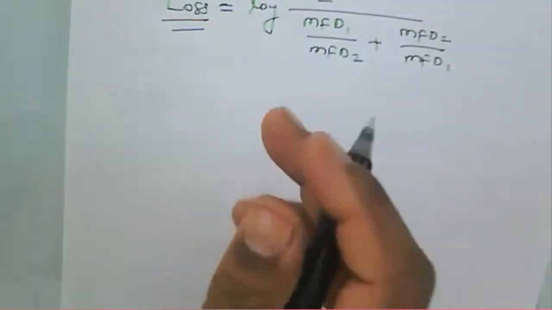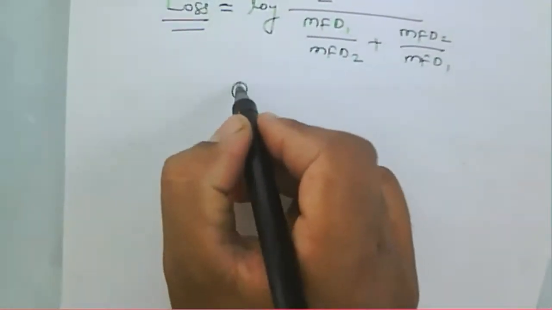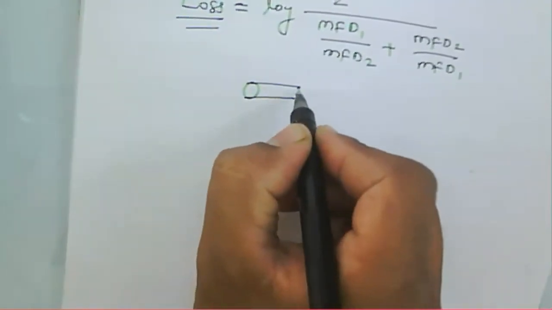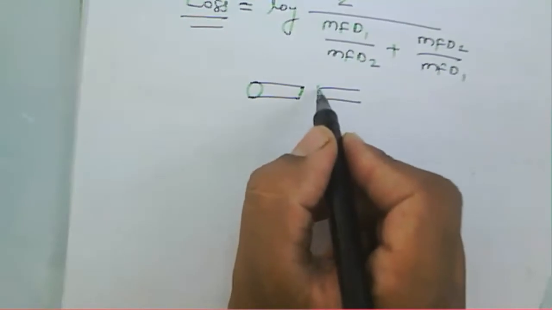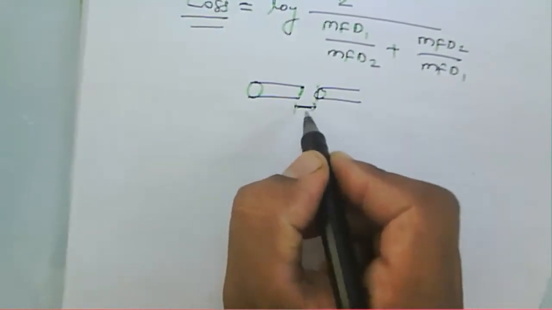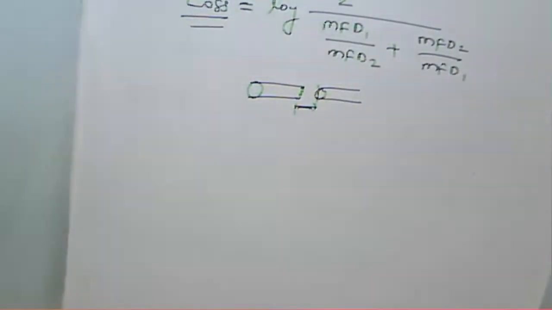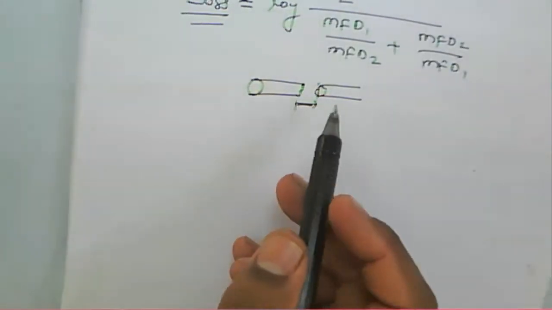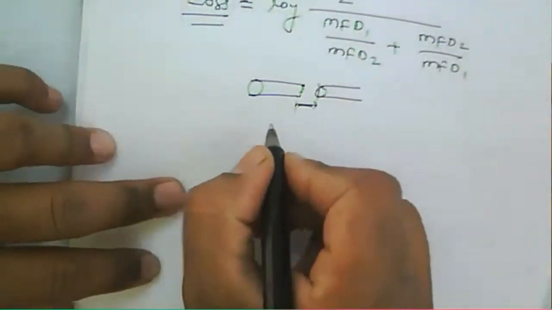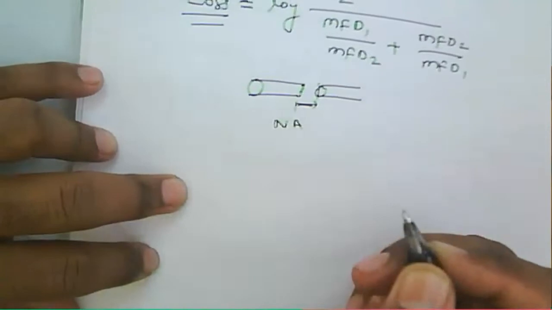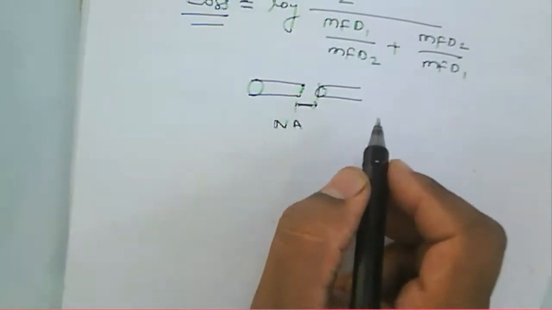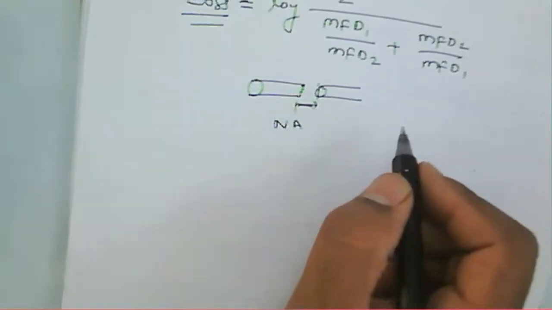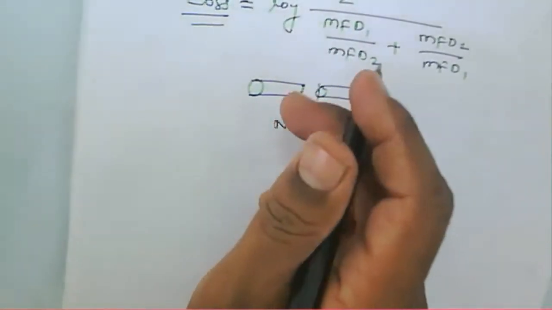Means coupling loss, when we couple the two fibers here, generally we say that they have the same numerical aperture, or you can say both fibers have the same acceptance angle, and then it follows the coupling.